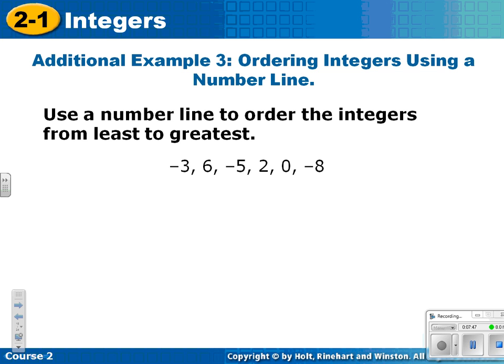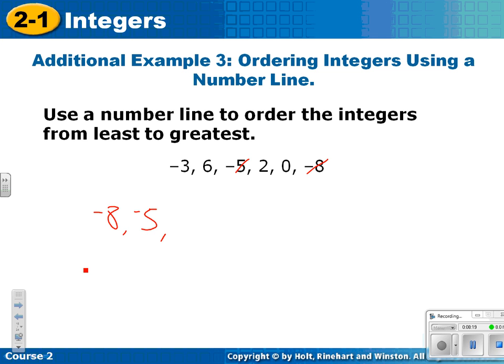You don't even need to use a number line to put them in order. Which one of these numbers would be furthest to the left on the number line? Which one has the least value? -8. So you would go -8. Then what? What comes next? Then, yep, -5.